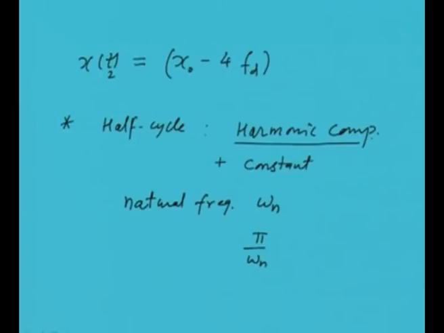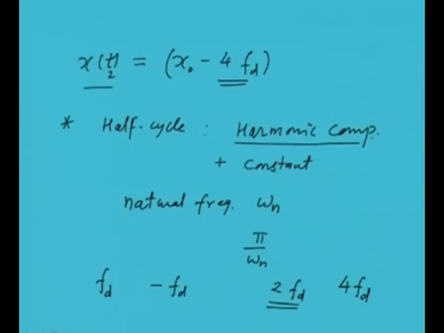And if we see the constant term, it is fluctuating between plus Fd and minus Fd, and we have seen that the magnitude of the displacement decreases by 2 Fd. Once it completes the half cycle, the amplitude is decreasing by 2 Fd, and for a complete 1 cycle the total reduction in the displacement is 4 Fd.